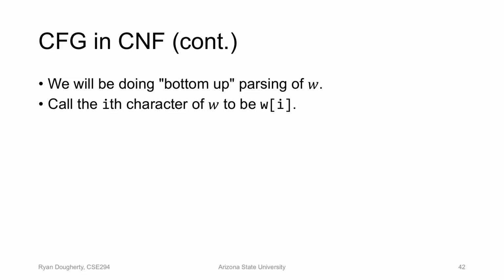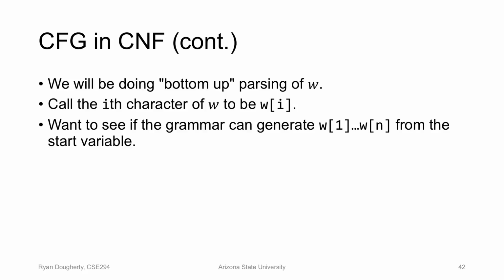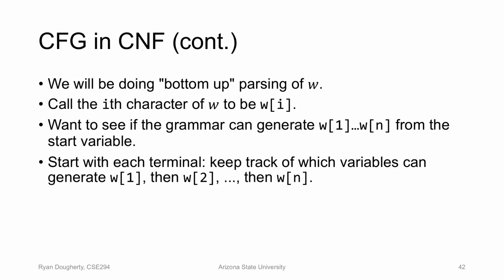So let the ith character of W be W of I, just as we've seen before. And we want to see if the grammar can generate the string W1 through Wn, concatenated together. But it'll be helpful to write it in this way, from the start variable. So here's an idea. What we want to do is figure out what variables can make exactly the first character, only the first character. What things can make the second character?